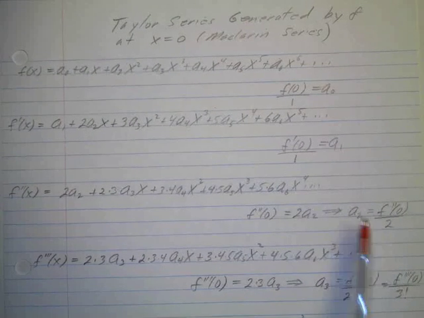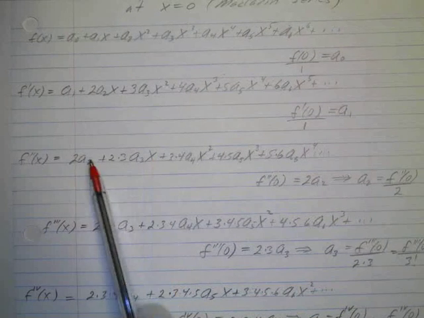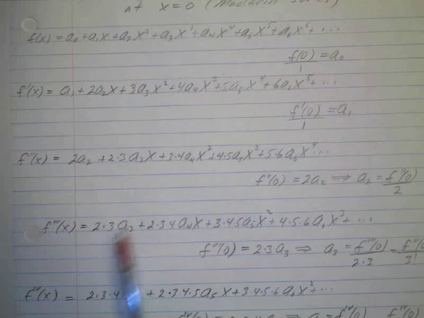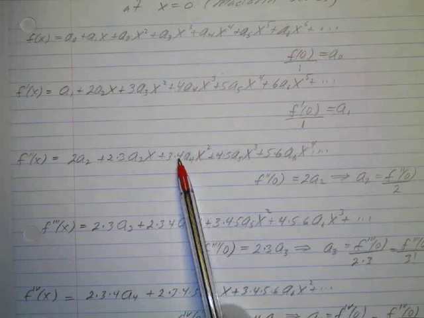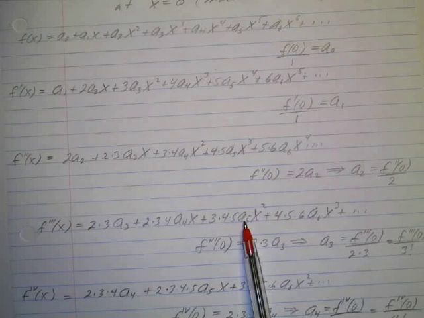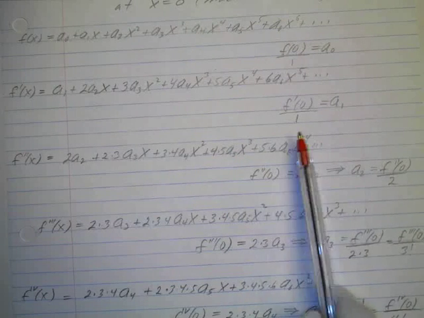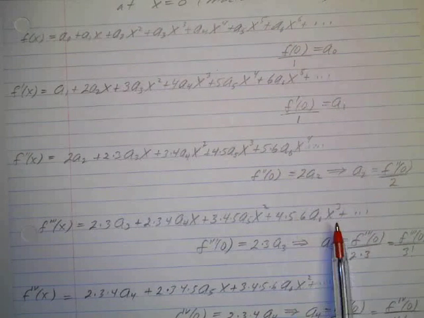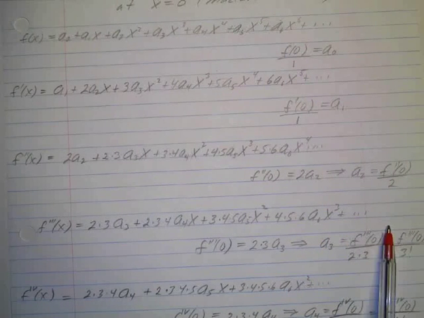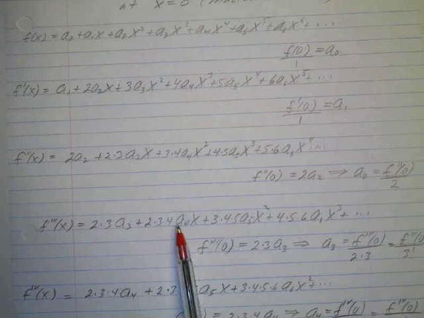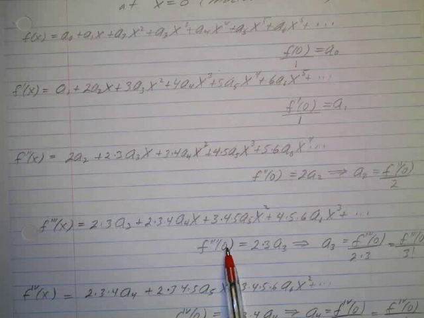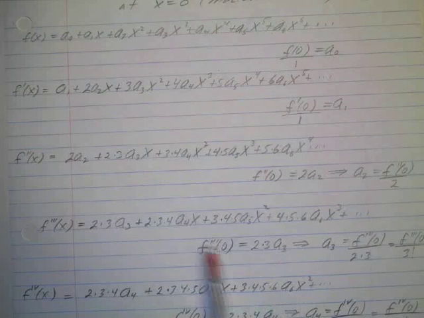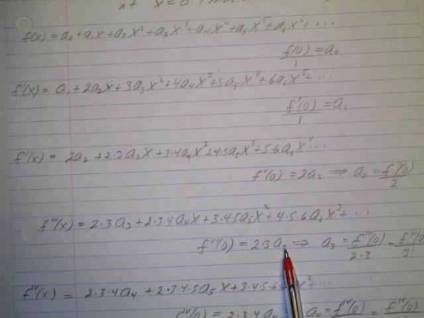Now, if we take the third derivative, this is going to go to 0, and then we're going to have 2 times 3a sub 3, and then we're going to have 2, 3, 4, a sub 4, 3, 4, 5, a sub 5, all times x squared, and then 4, 5, 6, a sub 6, x to the third, etc. And then at 0, these are going to vanish, so f triple prime at 0, or the third derivative, is equal to 2 times 3, a sub 3.